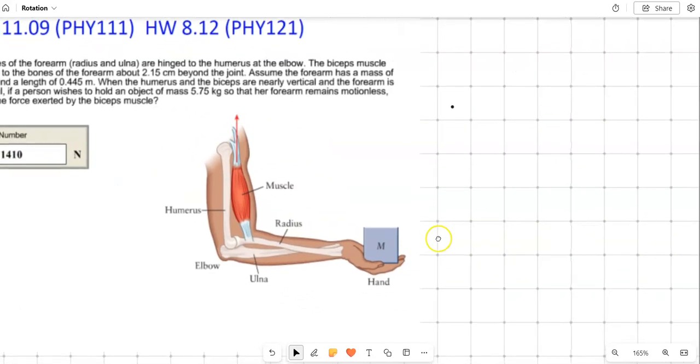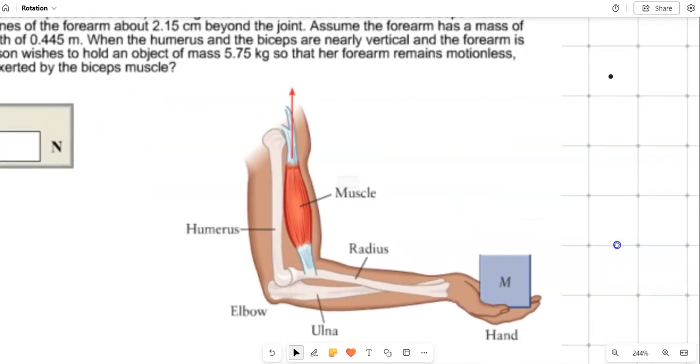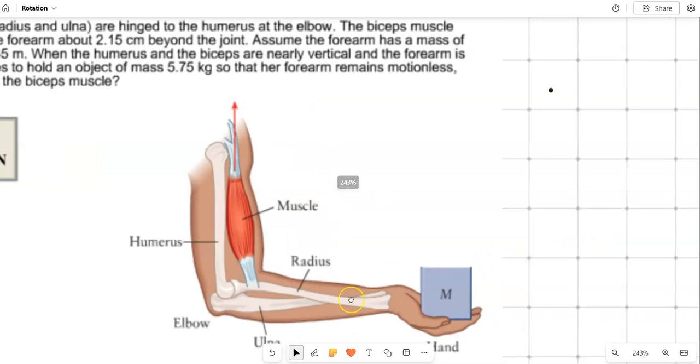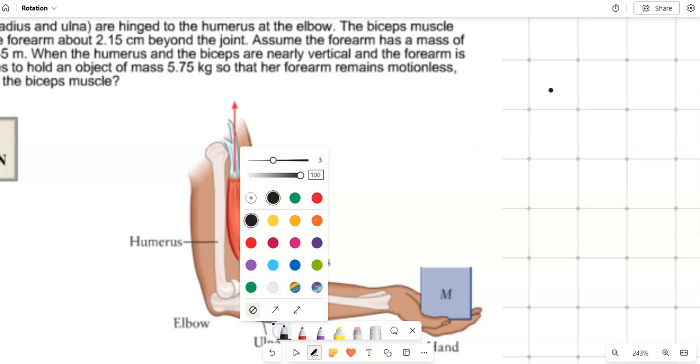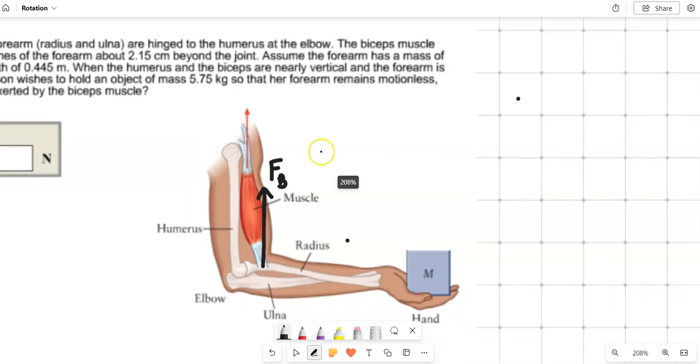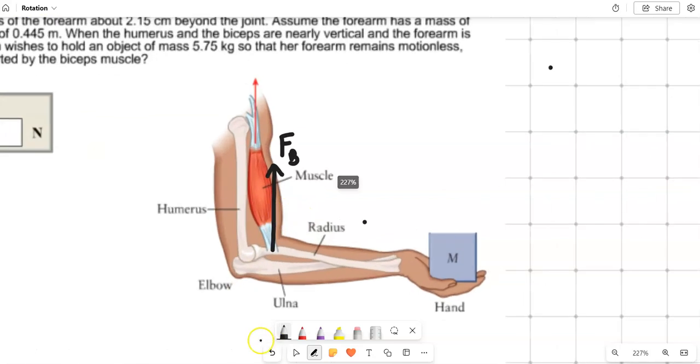Let's take a look at our arm right here. What they said is that the bicep muscle in the problem is pulling up, and I'm going to call this the force of the bicep, F sub B. Here is the elbow joint, and that bicep muscle is attached 2.15 centimeters away.